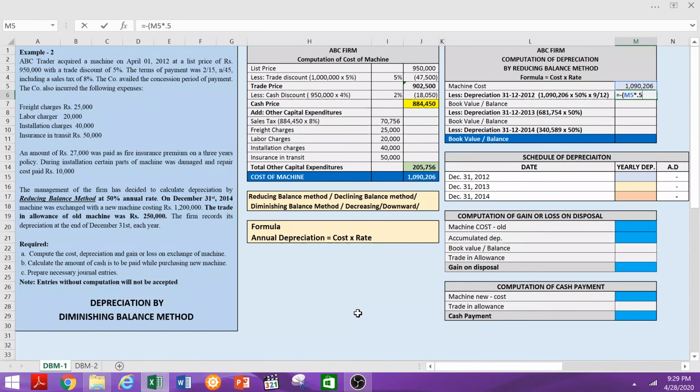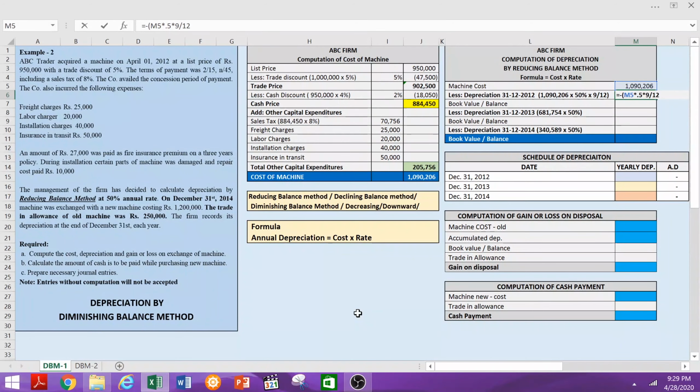One more thing we have to understand: the machine is purchased on April 1, 2012. Again, the machine has not been used for the complete year of 12 months. If you start counting from April to December 31st, 2012, it is equal to 9 months.